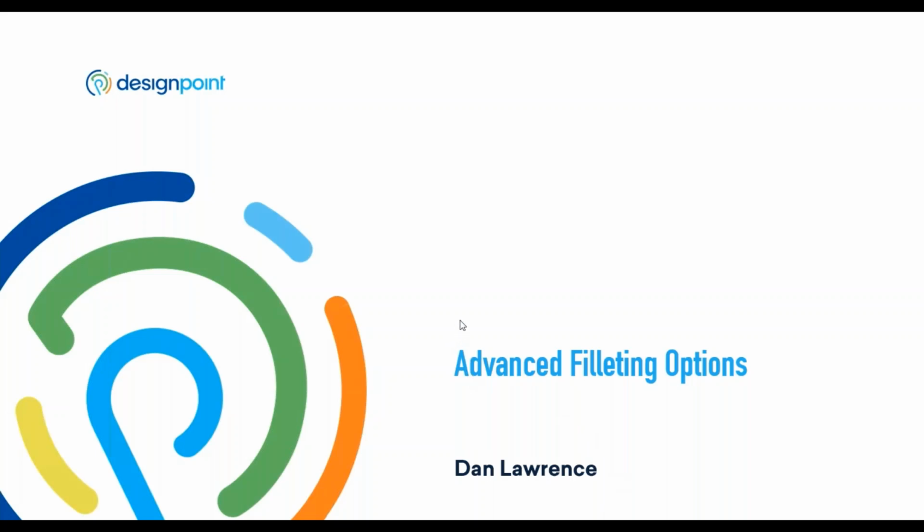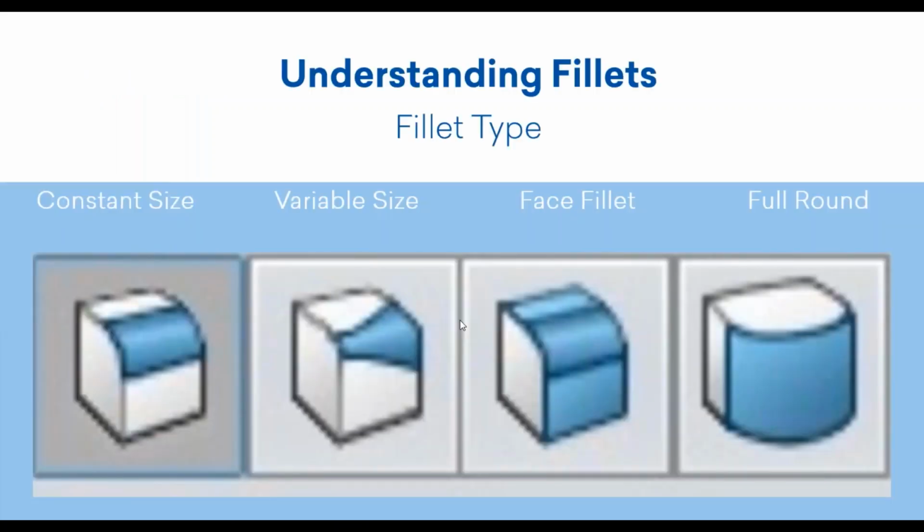Before we jump into our examples, let's understand how fillets work and what options you're going to see in your fillet PropertyManager once you launch the fillet tool. The first thing you're going to be prompted to do is select a fillet type.